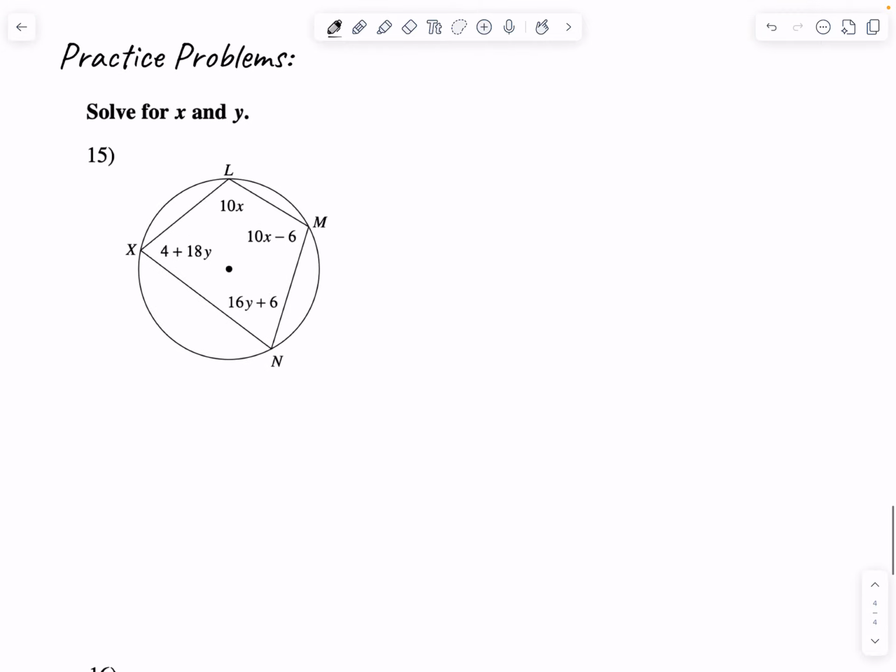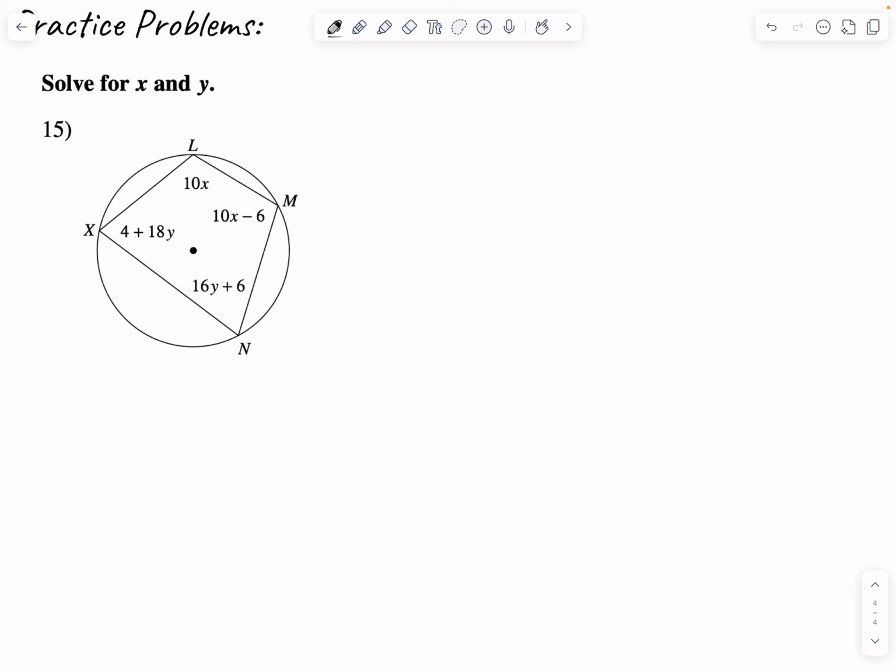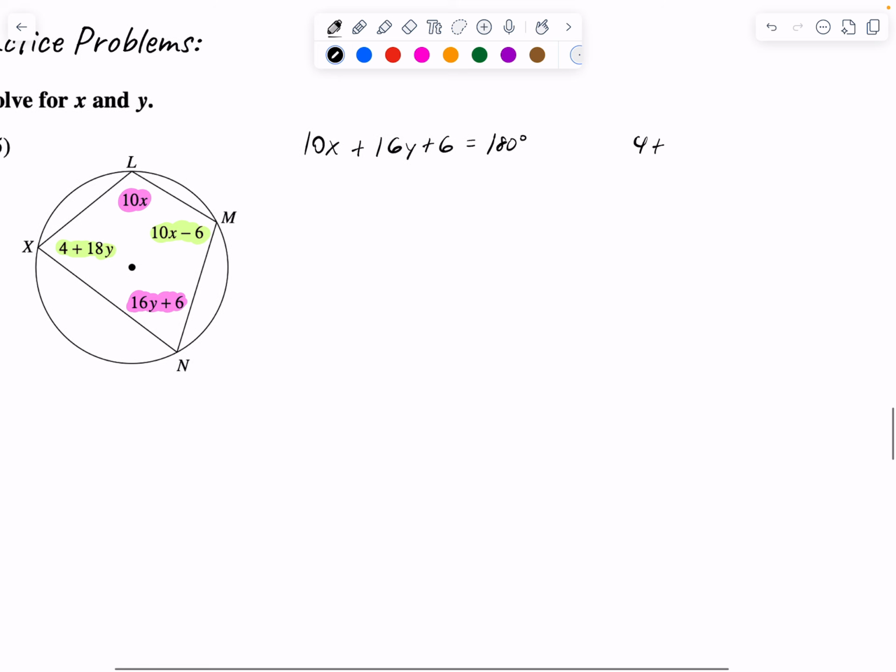All right, so starting with number 15, I see this quadrilateral, so I am going to say that angle X and angle M are going to add up to 180 degrees, as well as angle L and angle N. So I'm going to write those down. 10x plus 16y plus 6 equals 180 degrees. And then the other one is 4 plus 18y plus 10x minus 6 equals 180 degrees.